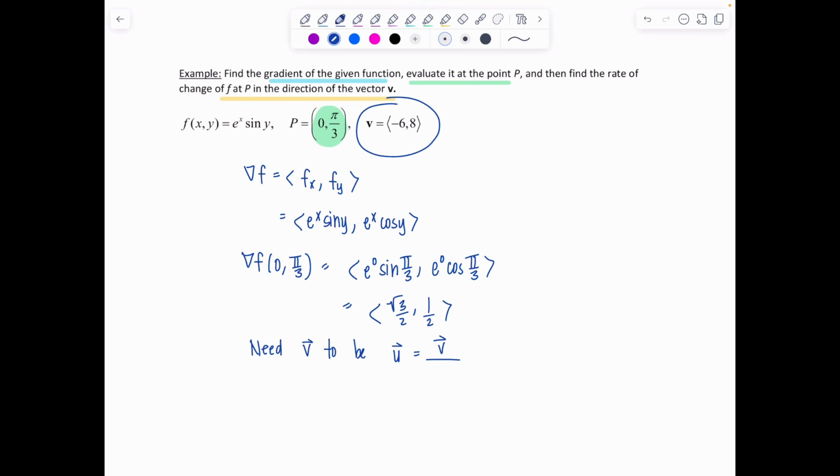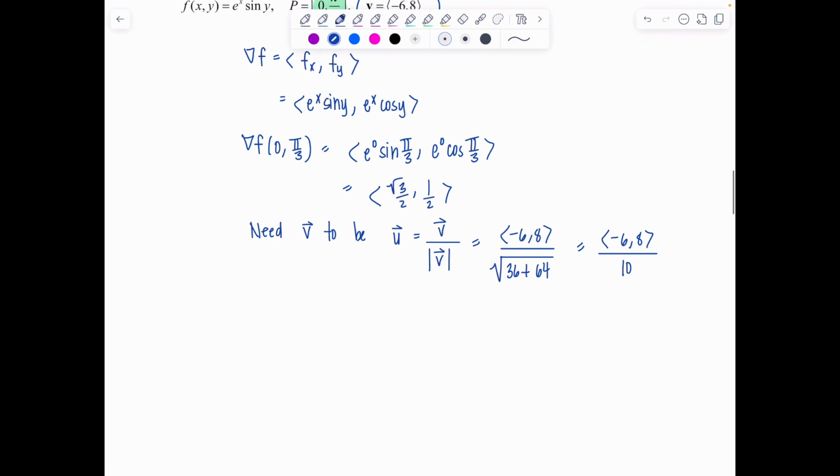We divide by its magnitude. So I take V divided by the magnitude of V. Its components are -6 and 8, and I'll divide by the magnitude, so that'll be the square root of 36 plus 64. So this is -6, 8 divided by 10, which simplifies to -3 over 5 and 4 over 5.